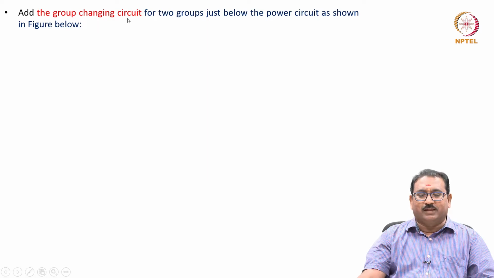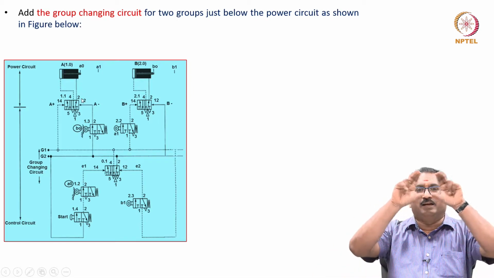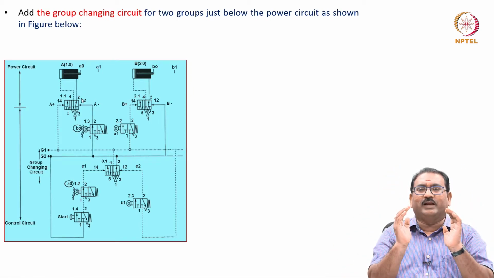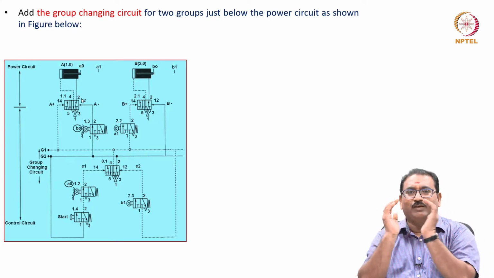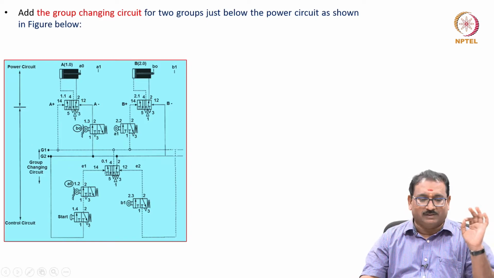Add the group changing circuit for two groups just below the power circuit as shown in the figure below. You will see here the top one is the power circuit. What is the power circuit? The main cylinders, beneath that the final control elements, 5 by 2 DCV for A, 5 by 2 DCV for the cylinder B. This is known as the power circuit.